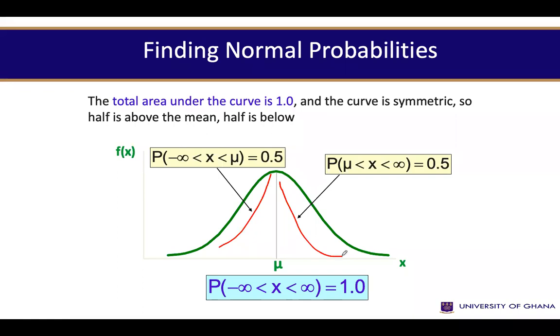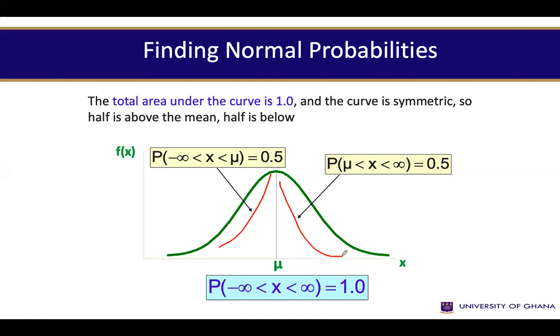When you put these two together, the entire area under the curve is 1, because you would know that the total probability for a mutually exclusive and exhaustive event or situation of that nature is 1. That's the total probability rule.